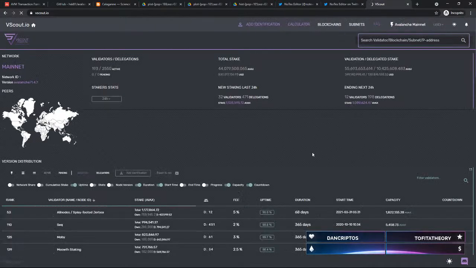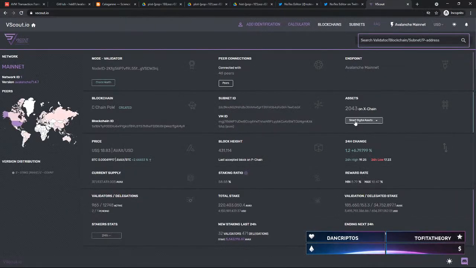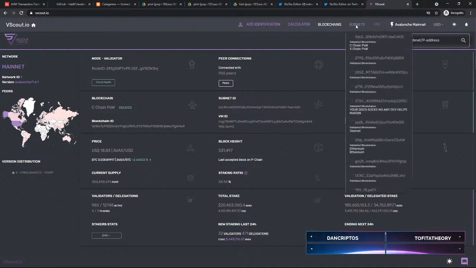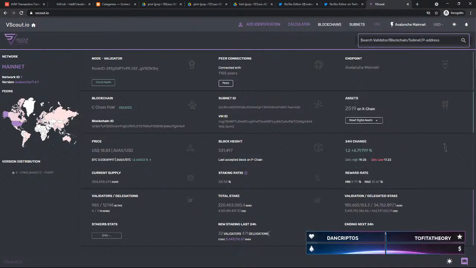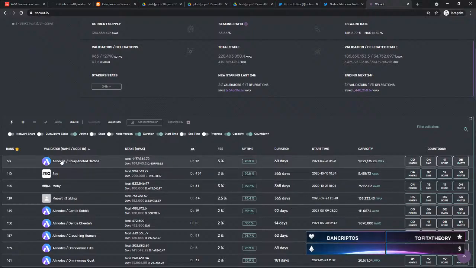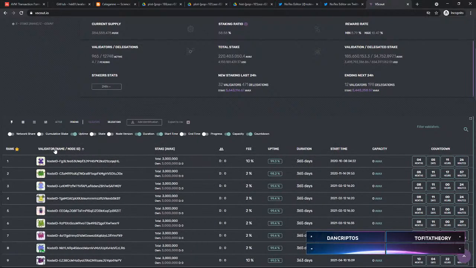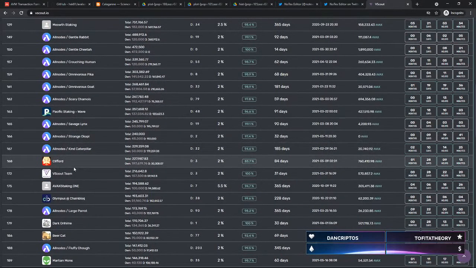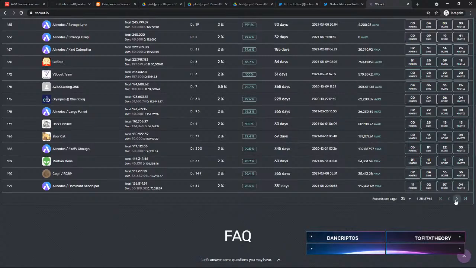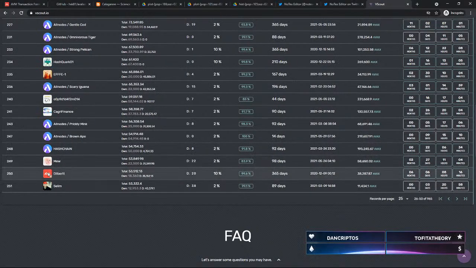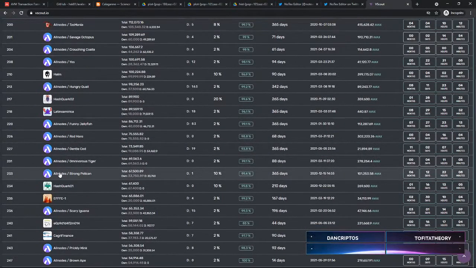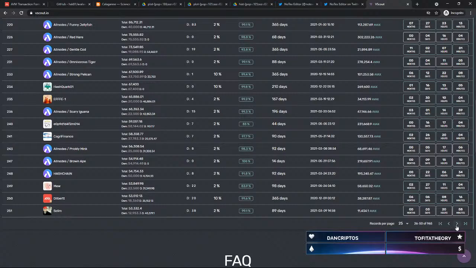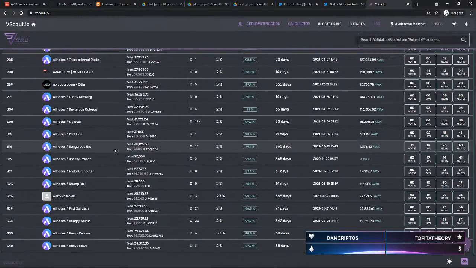People could just start changing their reward addresses. So that's something I plan to do in the future, to see if some big fish have started smaller validators to fake decentralization. But you can circumvent that by changing the reward address on the P chain to some other address.